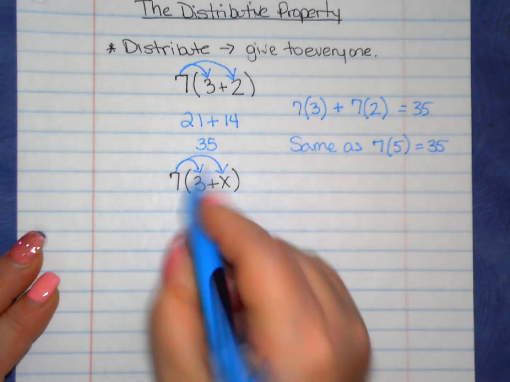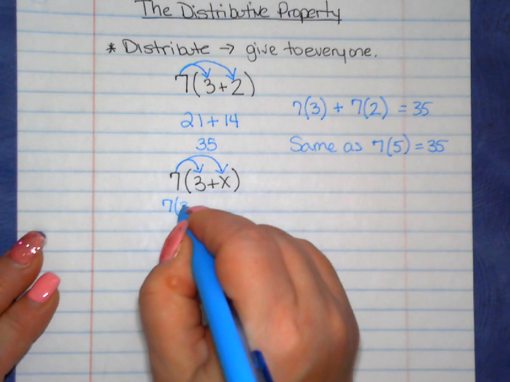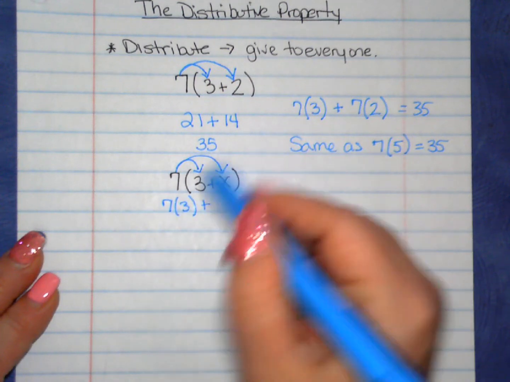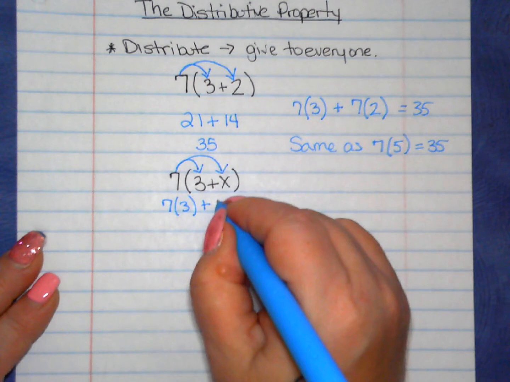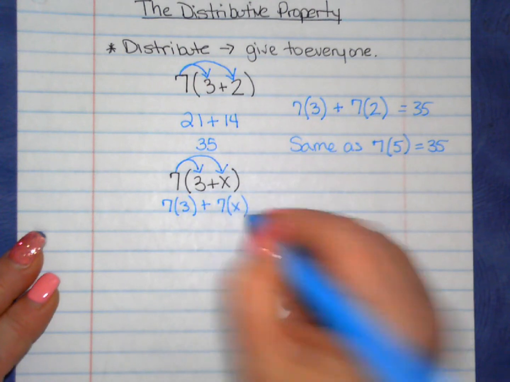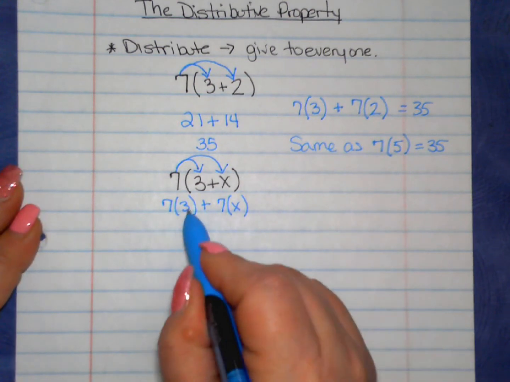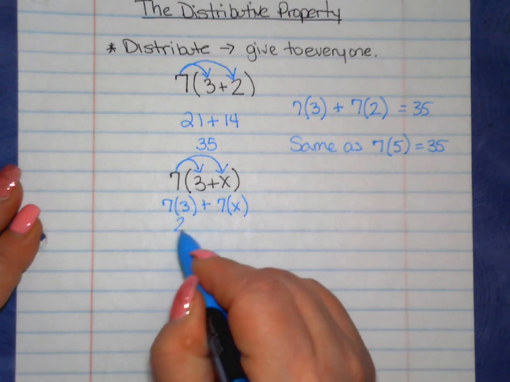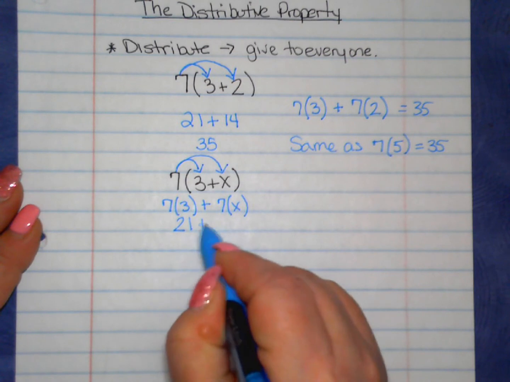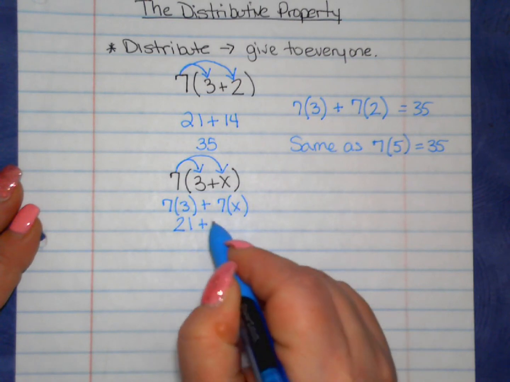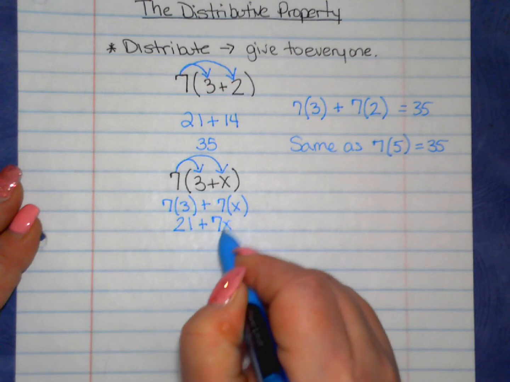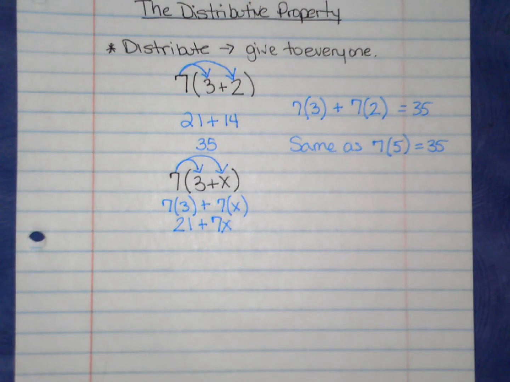So I'm going to do 7 times 3 plus 7 times x. And then just remember, you got to do whatever math you can do. So I can multiply 7 times 3, that's 21. But I can't do anything with the x, so I'm just going to leave it 7x. And that's my solution.